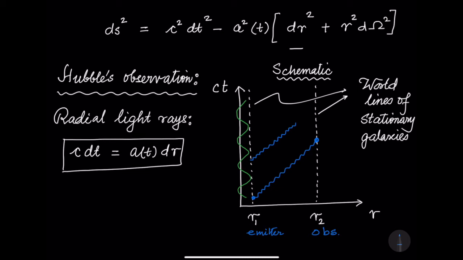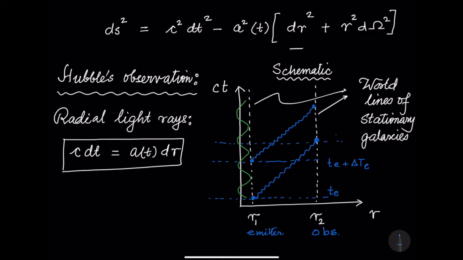So let me now draw this time axis here. I call this time t emitted, and this one t emitted plus delta t emitted, and you can see the way I have drawn the oscillations, delta t emitted is essentially the time period of the oscillation.